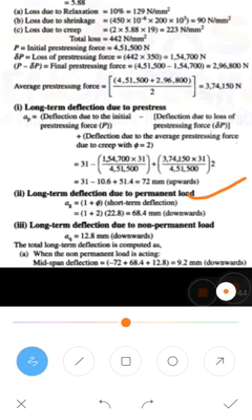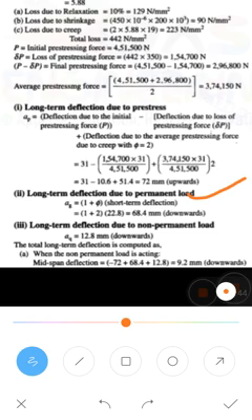The short-term deflection you have determined earlier, that is 22.8, so that value only we have used. Previously we determined the deflection due to the permanent load and non-permanent load. In the permanent load we got 22.8, so that value you use. By using that you will get the long-term deflection as 68.4.